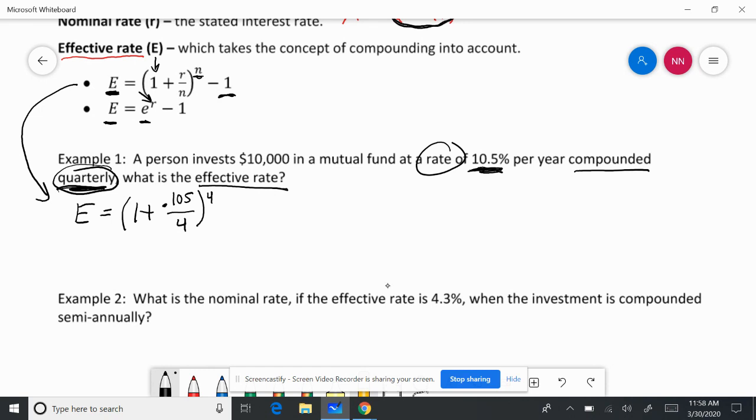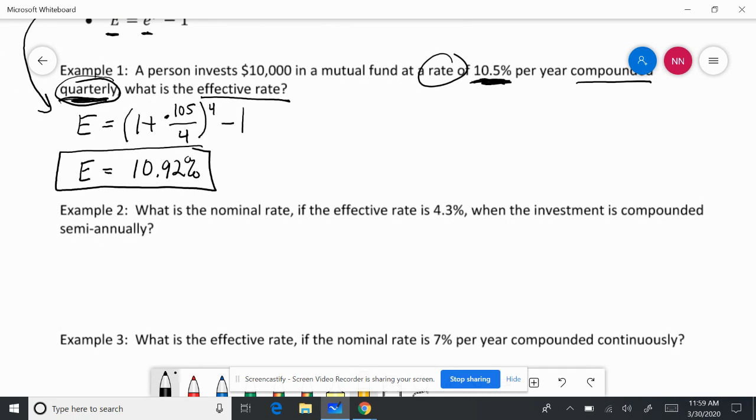We're going to plug this formula into our calculator, and we got to make sure that we subtract the 1. And that right there, when we turn it into a percent, is 10.92%. Now, the effective rate is always going to be larger than the nominal rate. So we see that this is 10.5%, this is 10.92%, so we know we're on the right track.